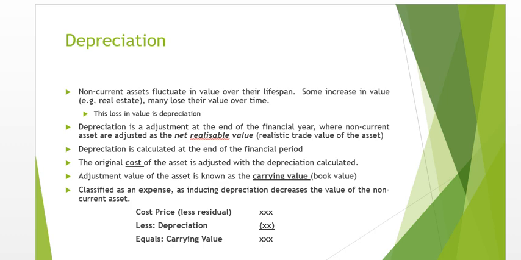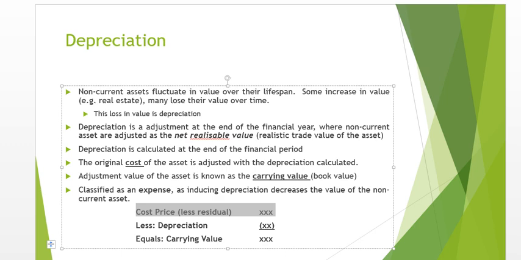So importantly, carrying value is our cost price, and from cost price you always need to subtract your residual value. The residual value is, if you had to scrap your vehicle or your asset now, what you would get from that asset in terms of essentially scrap value.